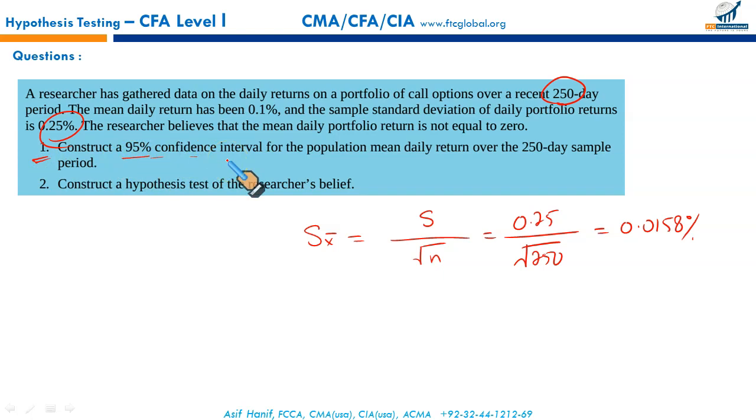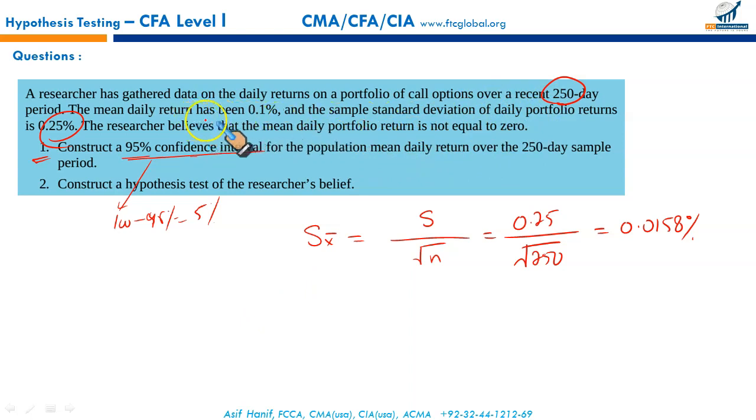Okay, so if 95% is the confidence interval, that means the level of significance is 100 minus 95, that is 5%. So at the 5% level of significance, the critical z values for the confidence interval can be calculated this way. Since it's a two-tailed test, as you can see, it says not equal to.